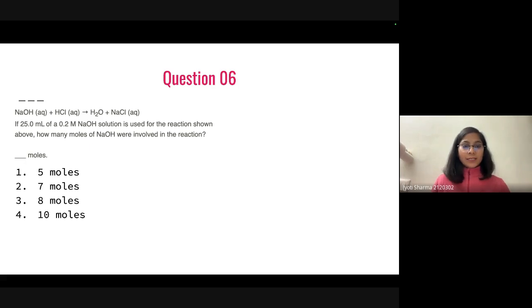This is again a question from the same formula. We have the volume of the solution, that is 25 ml. We have the molarity of the solution, that is 2.2 molarity of NaOH, and you just need to calculate how many moles of NaOH were involved in the reaction.